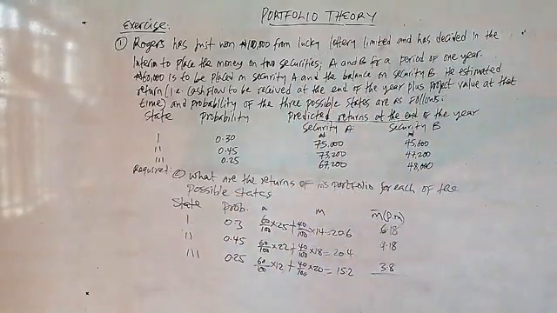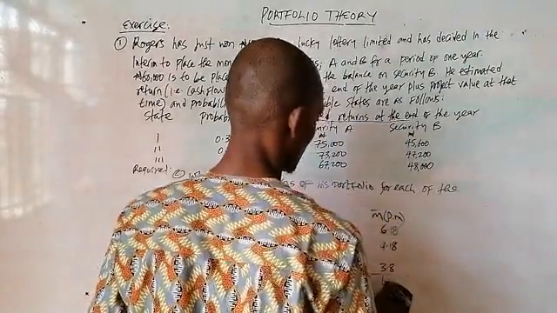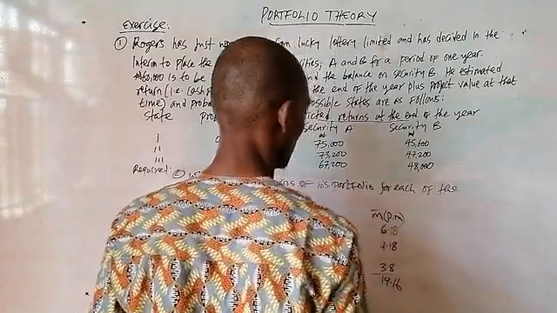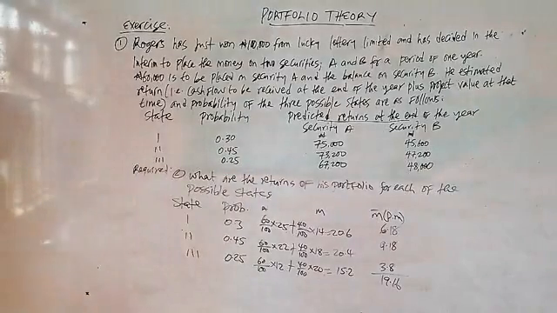Let's sum it up to have our expected return: 6.18 plus 9.18 plus 3.8, that is 19.16.